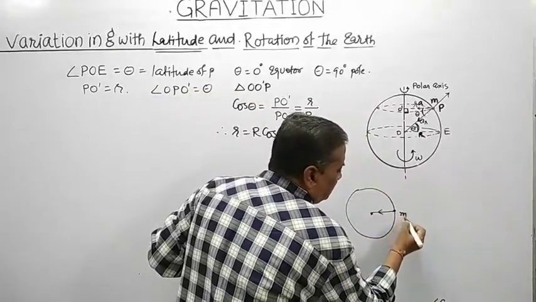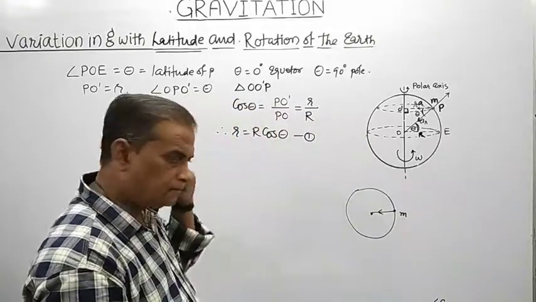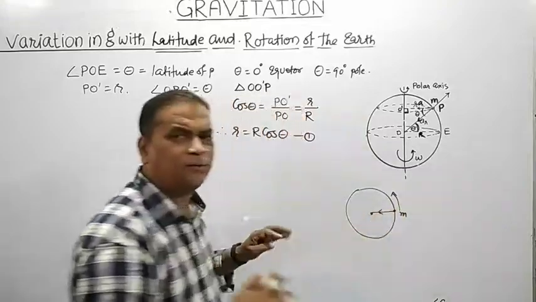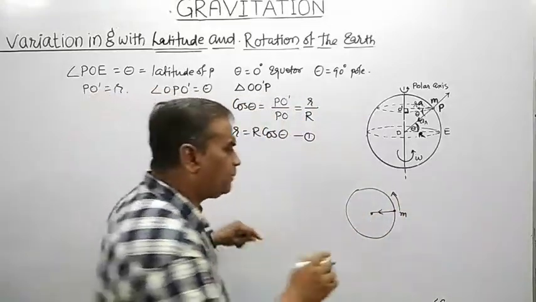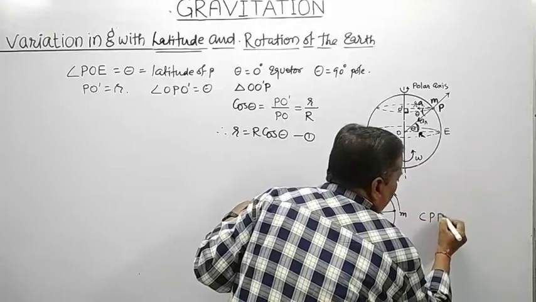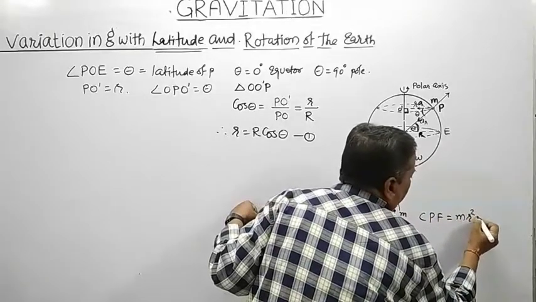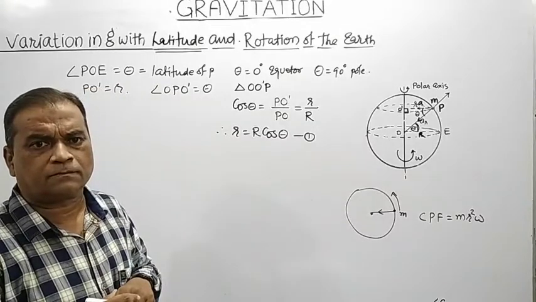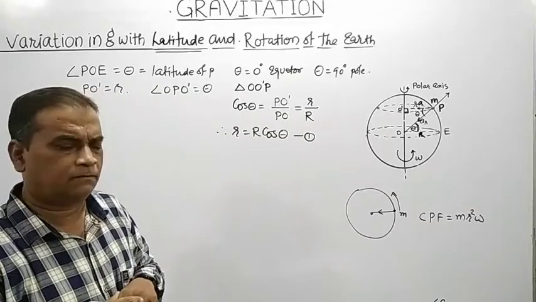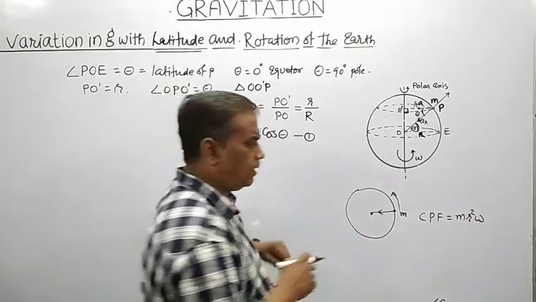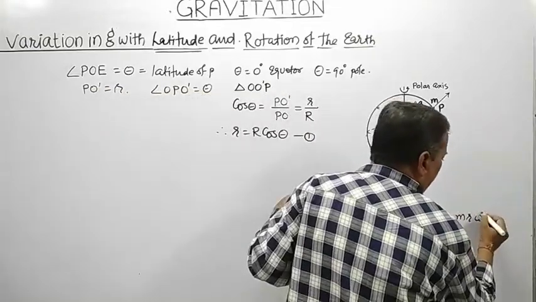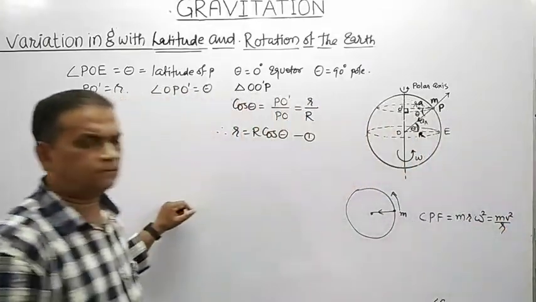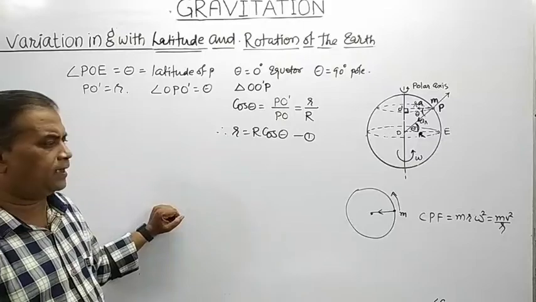Means on an object of mass m, in order to perform circular motion, that object must be acted upon by centripetal force, CPF, and that centripetal force is m r omega square, or it is equal to m v square divided by r.